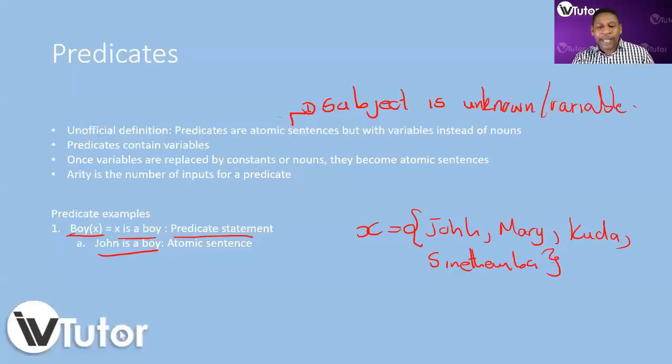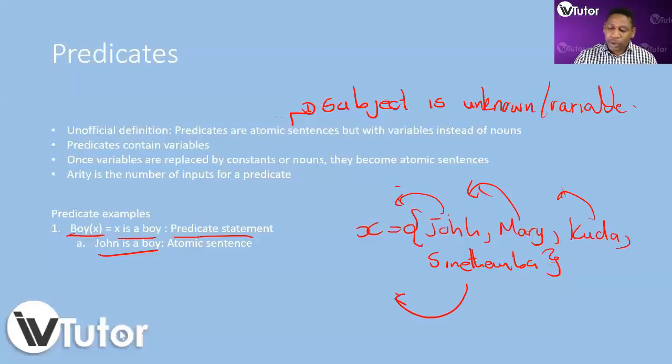Now, if X represents this domain, it means we can now substitute John, Mary, Kuda, September. For each of these substitutions, we are going to get a true or false value. That is what a predicate entails.